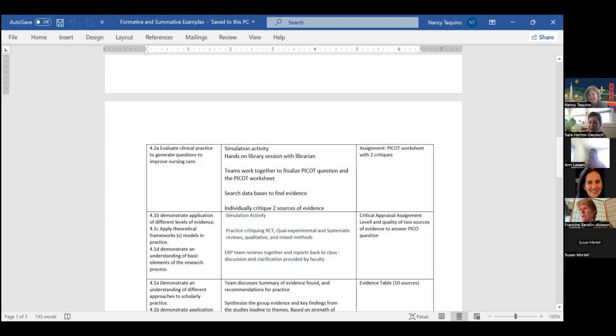So I guess maybe what we're working towards is, does summative mean the whole course, or does summative mean a building block kind of concept? For me, summative would mean one course learning outcome. Yeah. But it would be something as a whole. I don't know if it'd be a whole course.